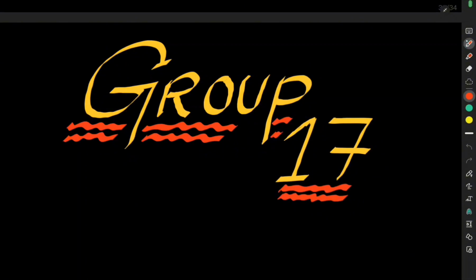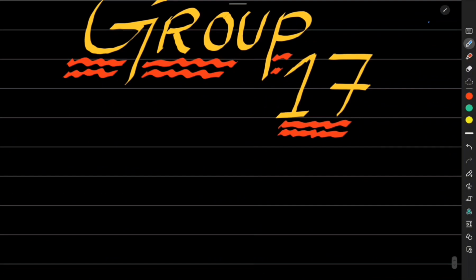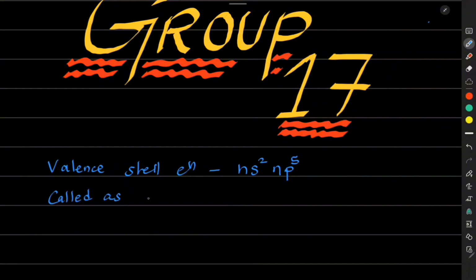What are group 17 elements? Group 17 elements are the elements with valence shell electron configuration ns2 np5. We call these elements halogens.